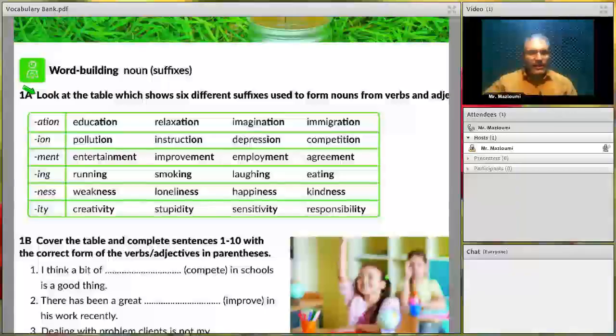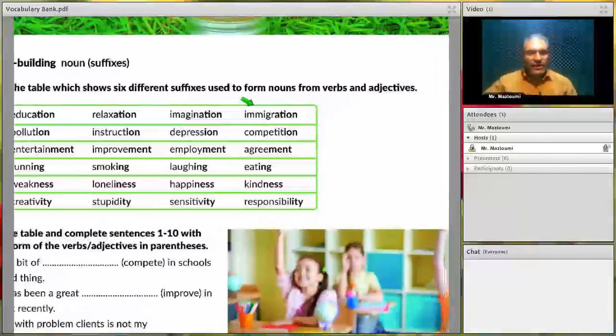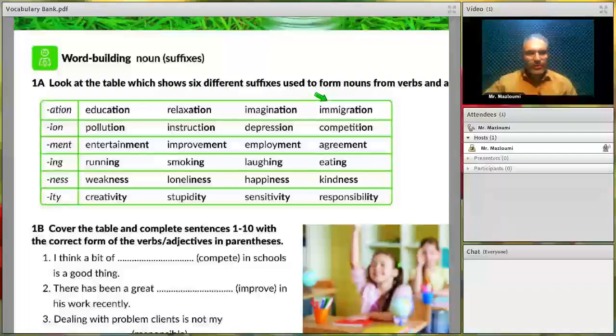Look at the table which shows 6 different suffixes used to form nouns from verbs and adjectives. So, everyone, here you can see 6 different suffixes. Yeah, we add them to verbs and adjectives to come up with nouns. Now, let me read out the words. Take a listen, please.